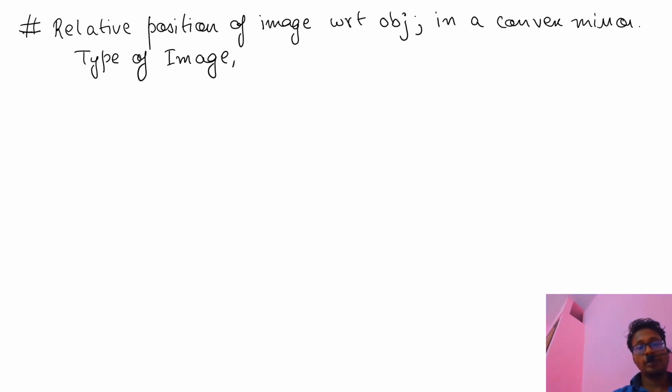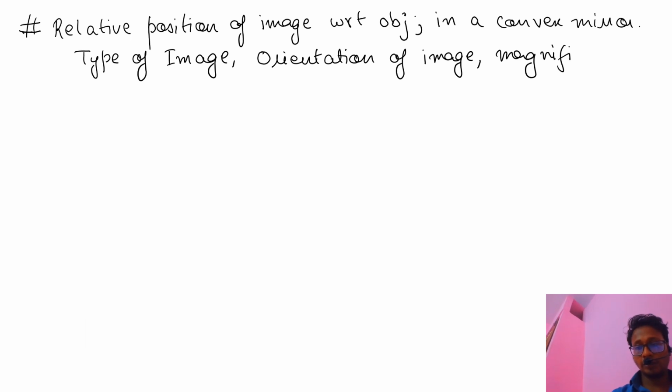Then the orientation of image, that means the image is erect or inverted, and the magnification of image. The case of convex mirror is going to be really simple.